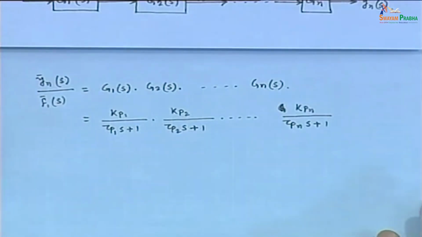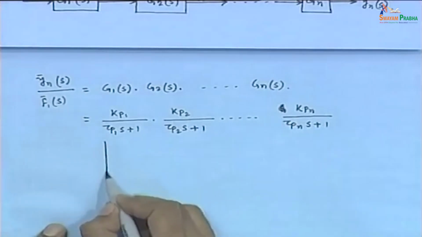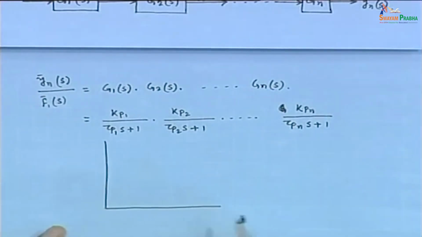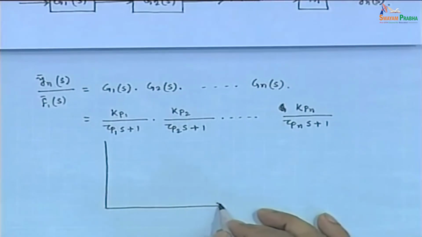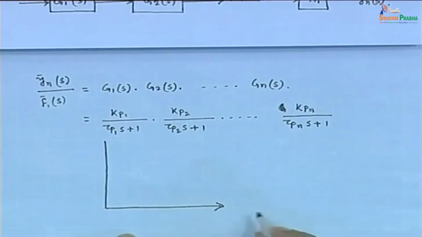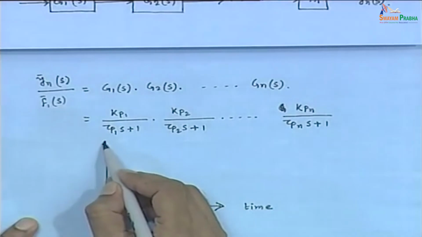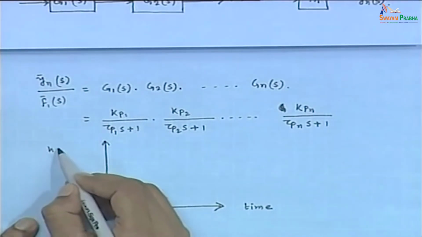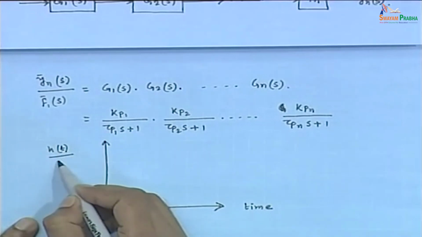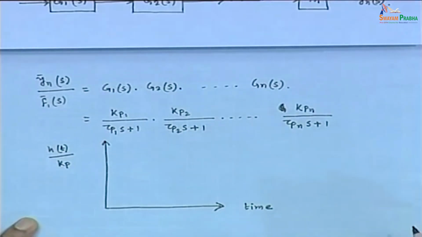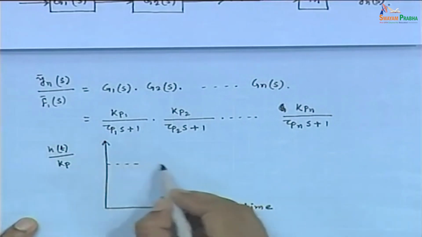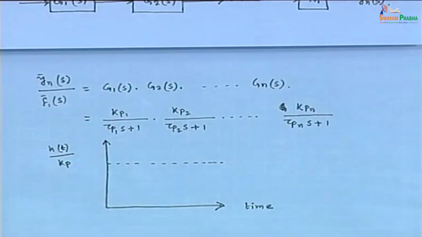Now, we will conclude based on the dynamics presented in a plot. So, this is the dynamics of different systems. Here we will consider height divided by Kp. Say this is the steady state value.